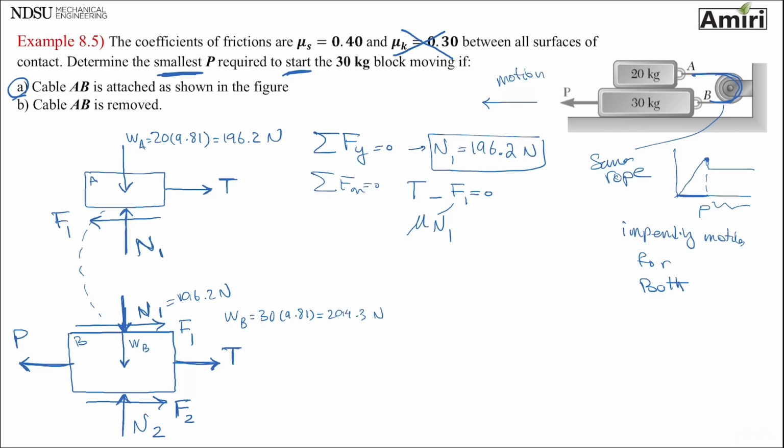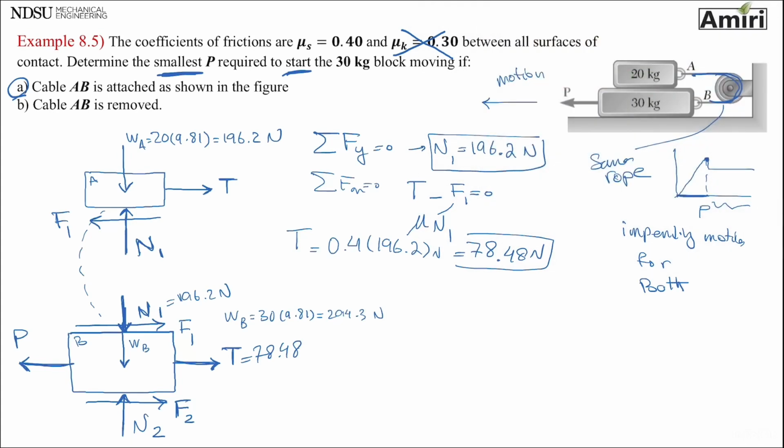And mu is given to be 0.4. In other words, T should equal 0.4 times N1, which is 196.2 newtons. T1 turns out to be 78.48 newtons. Okay, 78.48. All right, so now I move on to block B free body diagram.